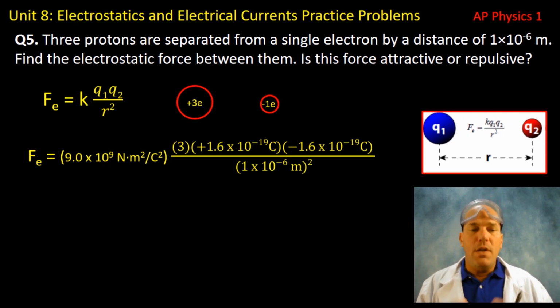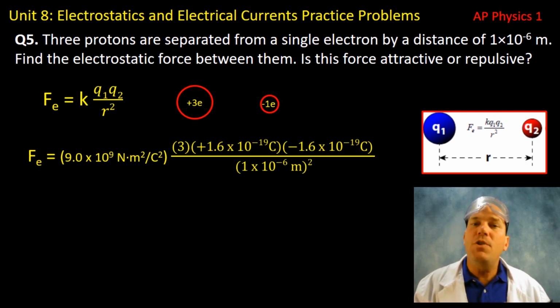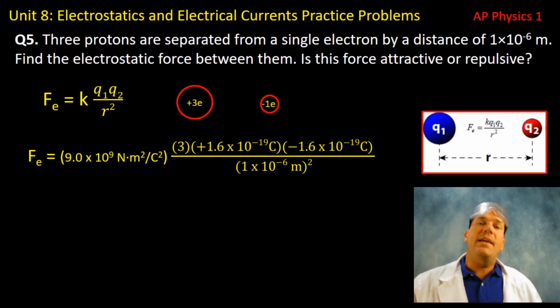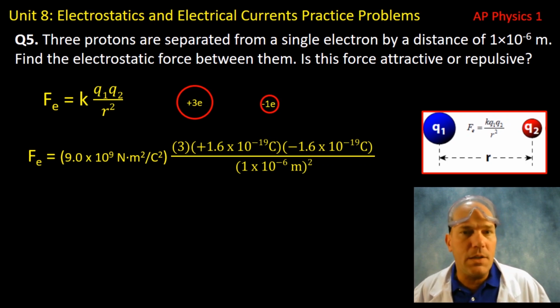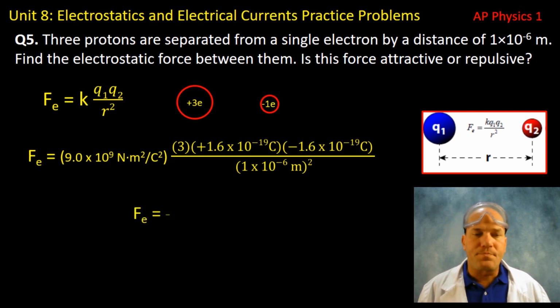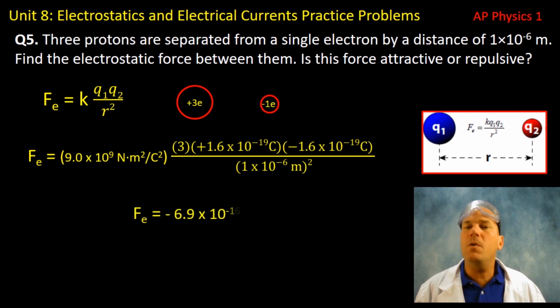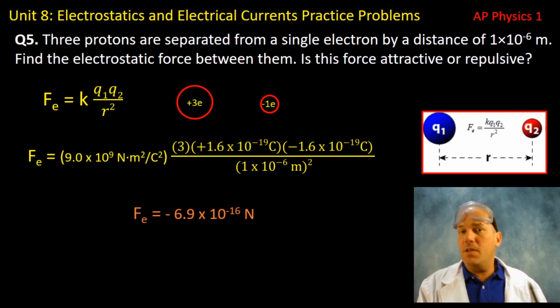Okay, so using your calculator, be careful how you put this in so that the calculator does not misconstrue the order of operations. We've talked about that extensively throughout the course. So the electrostatic force can be calculated to be negative 6.9 times 10 to the negative 16th, and that is in units of newtons.